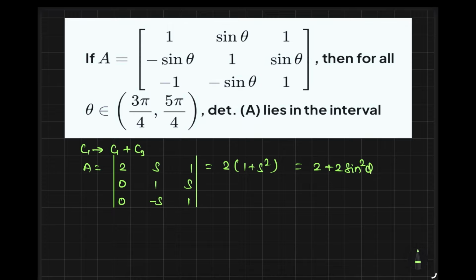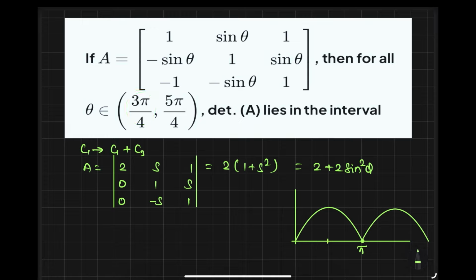Now the interval is 3 pi by 4 to 5 pi by 4. So what I will do is draw the graph of sine square theta. The graph of sine square theta will go this way. This is your pi. And this 3 pi by 4 is what?